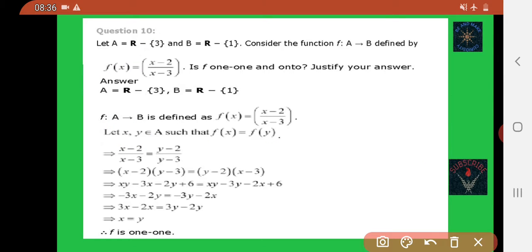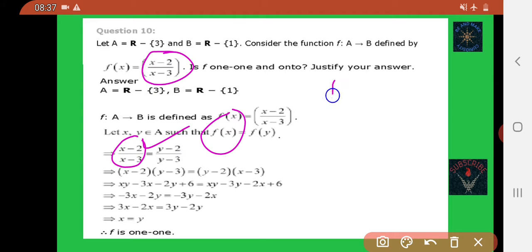Here you see, so let x, y belong to A such that f of x is equal to f of y. Now you put f of x, this one you put.